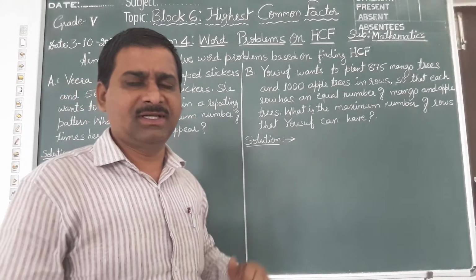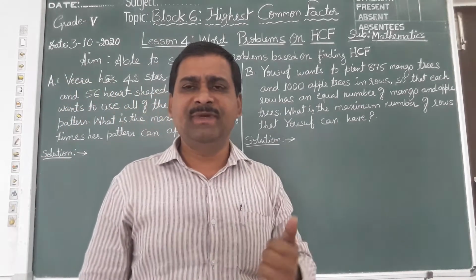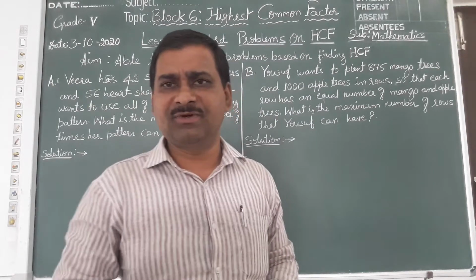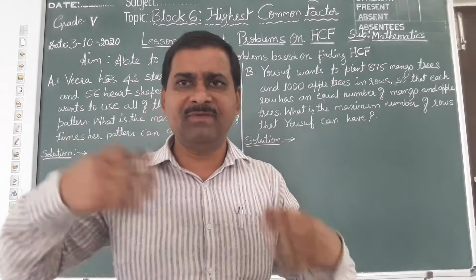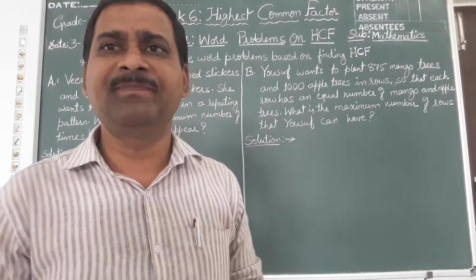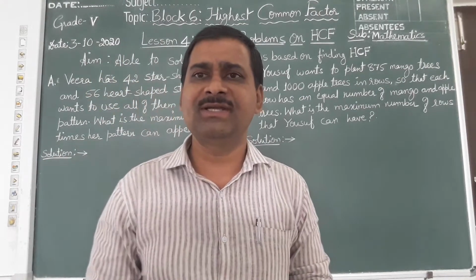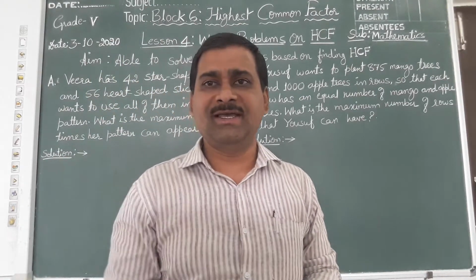Children, directly going into the lesson, let me ask you some questions, but I will not get a reply from you immediately because it is a recorded video and I will send it to you later. But let me try.